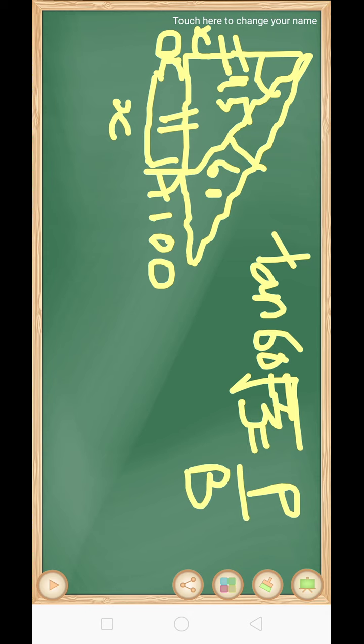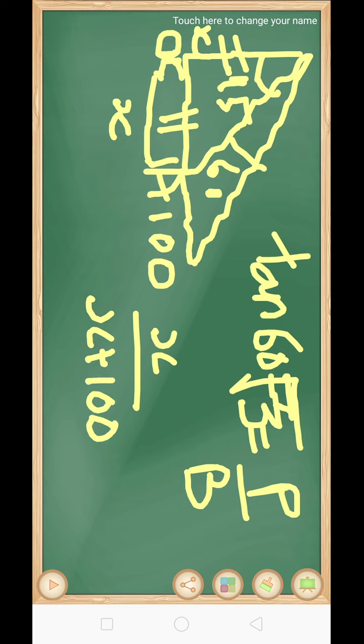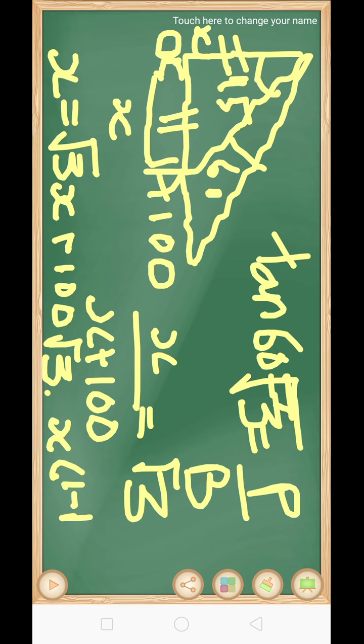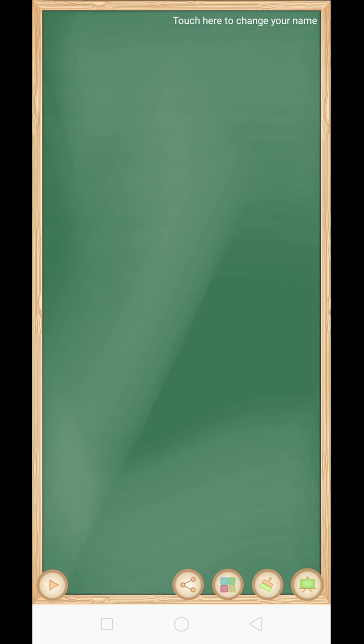Therefore x by 100 is equal to root 3. Therefore x equals root 3 x plus 100 root 3, that is x times (1 minus root 3) is equal to 100 root 3.